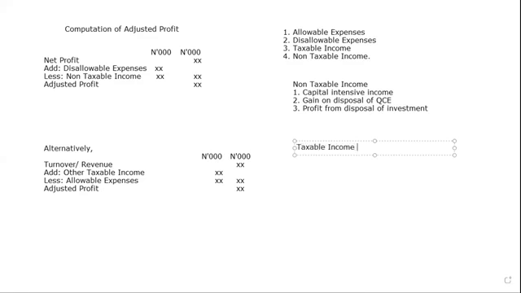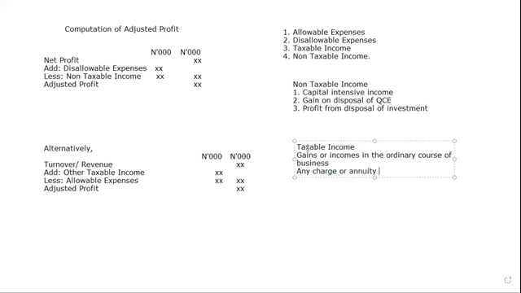Taxable income, right? So what are taxable income? Specifically, one, any gain or income in the ordinary course of business. Then we have any charge or annuity.